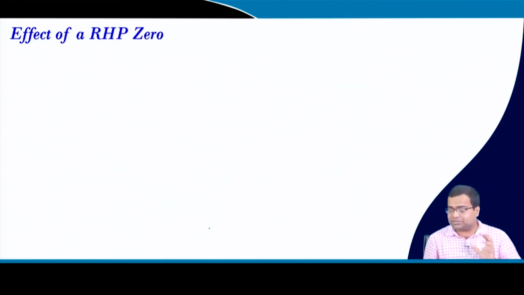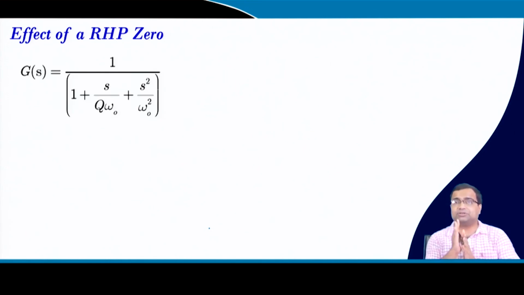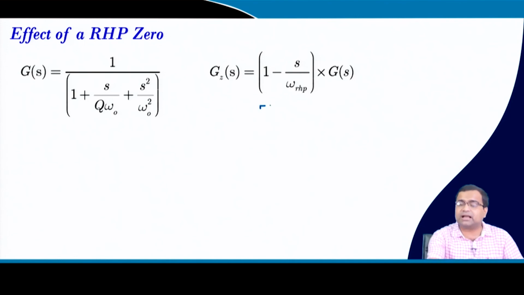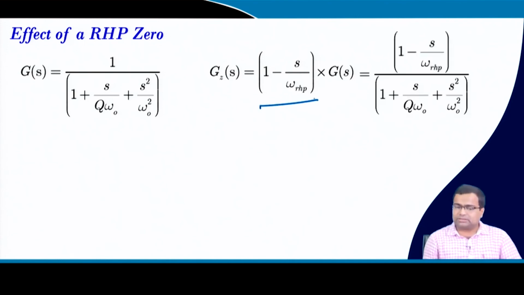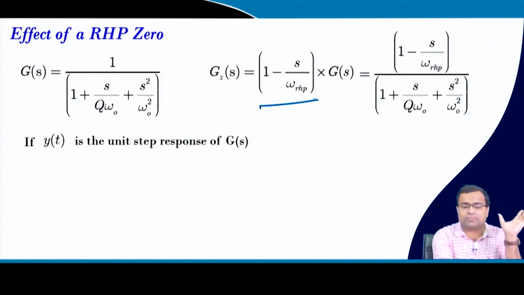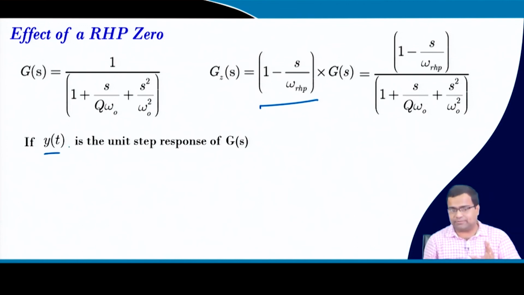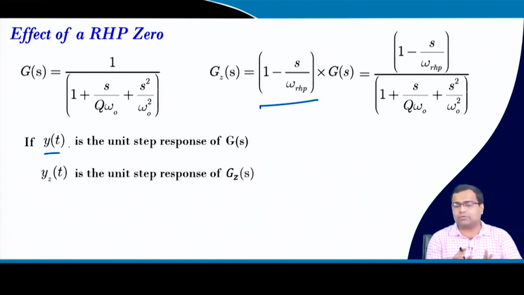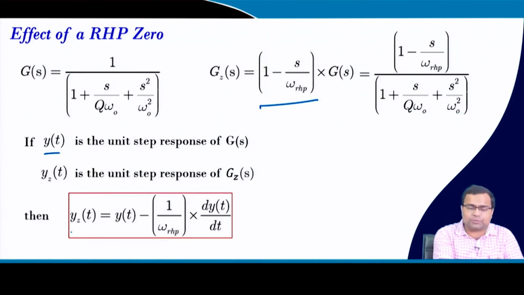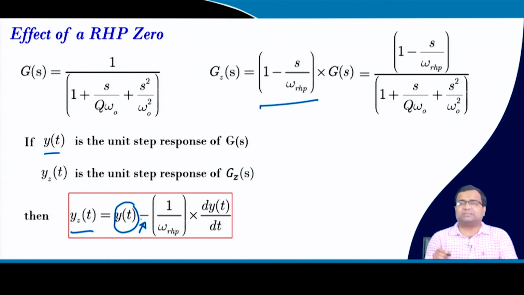But what happens if the 0 is in the right half plane, that means the 0 is on the other side? This is my right half plane 0. Same analogy: if y of t is the unit step response of G(s) without 0, and y z of t is the unit step response with 0, then the total response of the system with 0 will be the response without 0 minus 1 by omega RHP times its derivative.